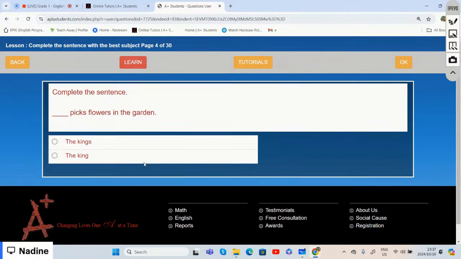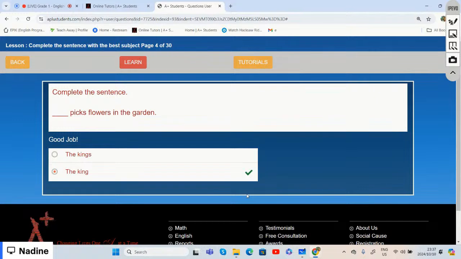We need to say which one is correct. If we were to choose the correct option, we would say the king, one king, picks flowers in the garden.